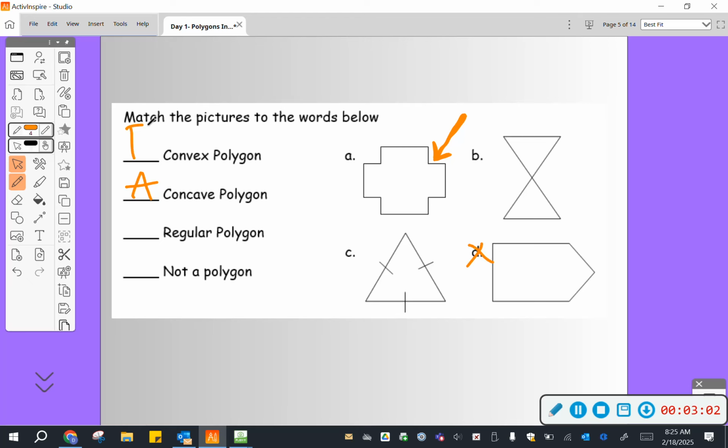I'm going to use D as my convex, but D and C are both convex. Which one is regular? Which one has all the same sides and angles? C, the tick marks. They have all the same sides. And why is B not a polygon? Do y'all agree it crisscrosses? So it's actually 2 triangles, not just 1.